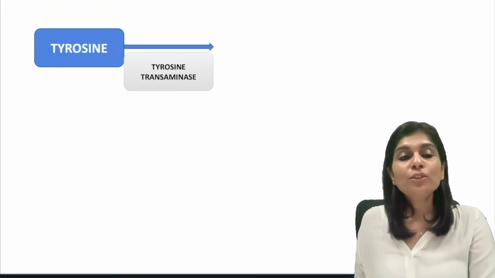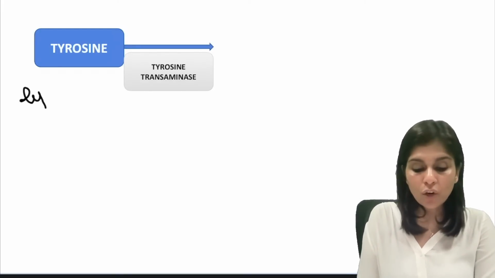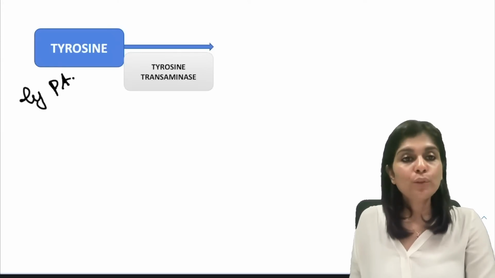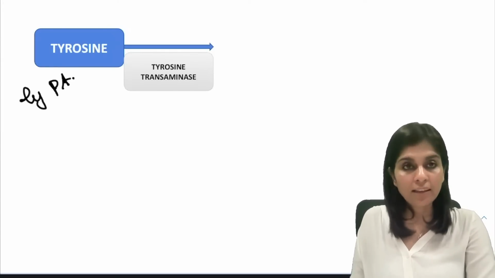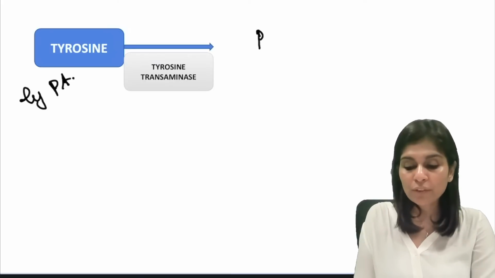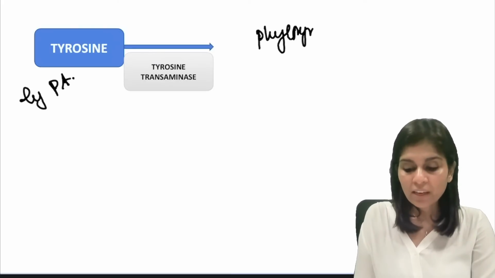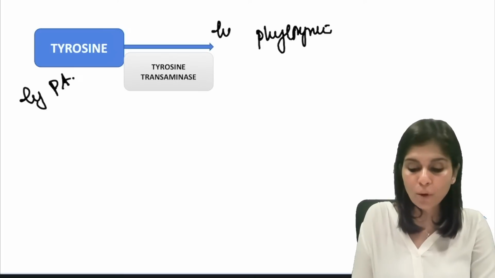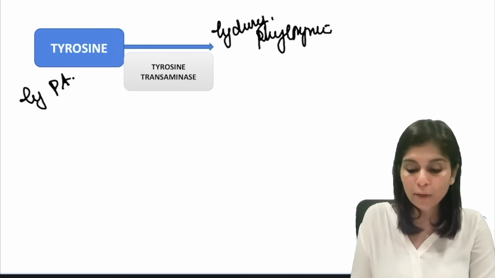Will you allow me to call tyrosine hydroxyphenylalanine? Yes. Phenylalanine on transamination forms phenyl pyruvate. So hydroxyphenylalanine on transamination will form hydroxyphenyl pyruvate.